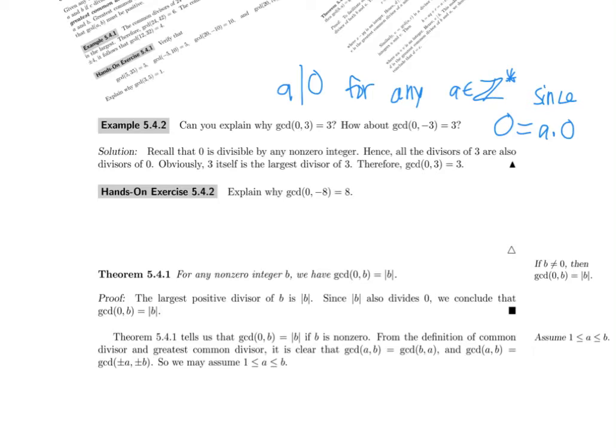Well, here's that general statement. The largest positive divisor of a non-zero integer is going to be the absolute value of that integer. Why absolute value? Because you have to consider the case where b might be negative. So if b was like -72, what's the biggest divisor of -72? Well, it's positive 72.